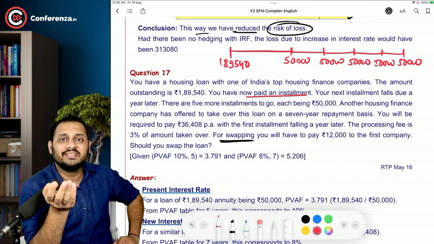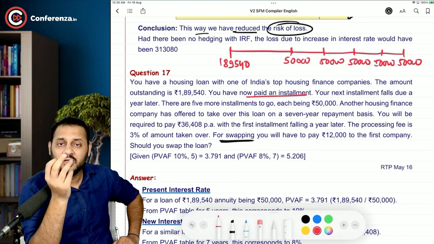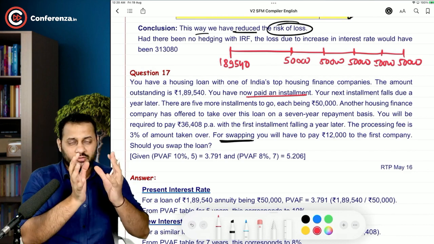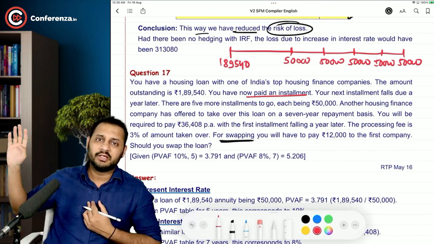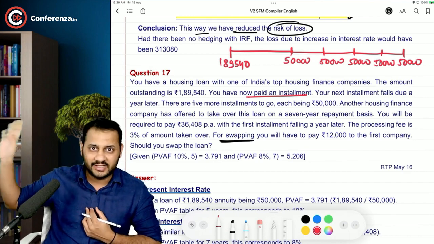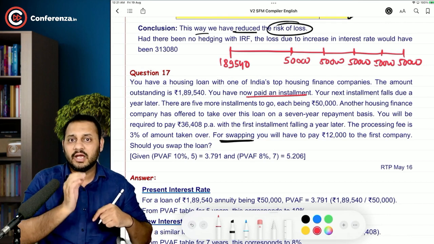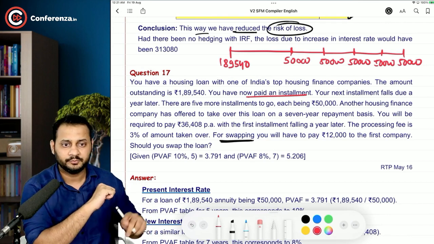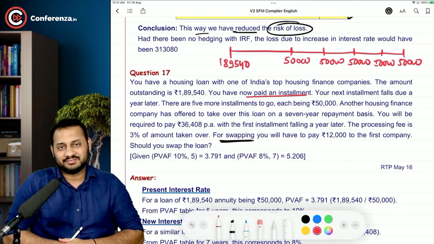So we are increasing your duration by 2 more years for the same principal amount. So your loan of 189,540 will become our loan. We will make the payment to this bank for the next 5 years, which is 50,000. But now you pay us every year for the next 7 years, not 5 but 7 years. Okay, you will be required to pay 36,408 in this case.